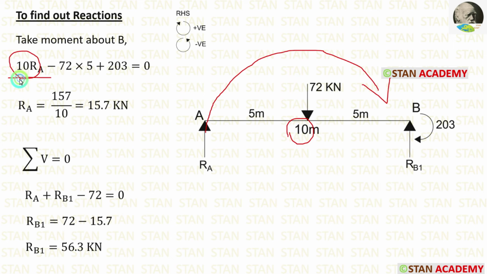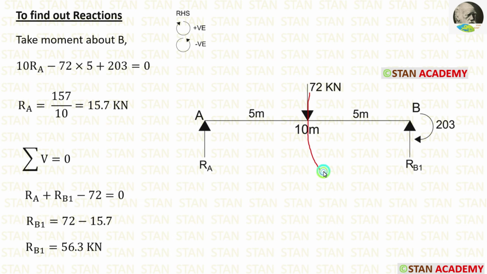So 10 RA. The point load is acting towards the point B in the anticlockwise direction, so it will be negative and the distance is 5 meter. So minus 72 into 5. The moment is acting in the clockwise direction, so it will be positive. Finally, we are getting RA is equal to 15.7 kilonewton.